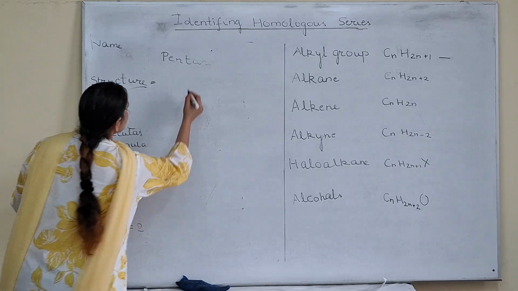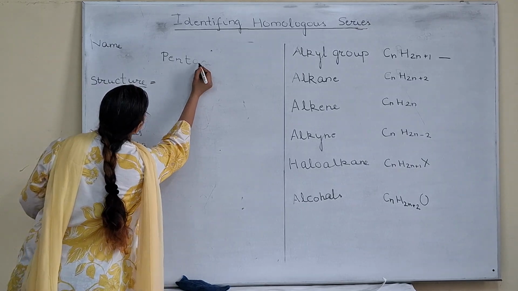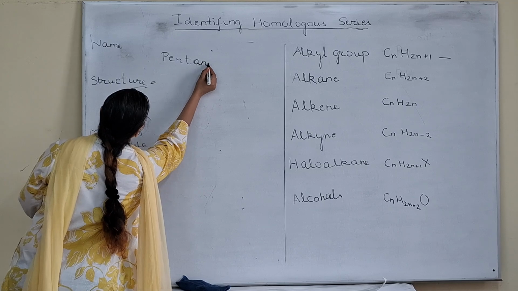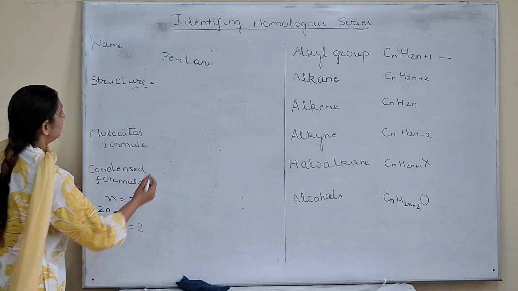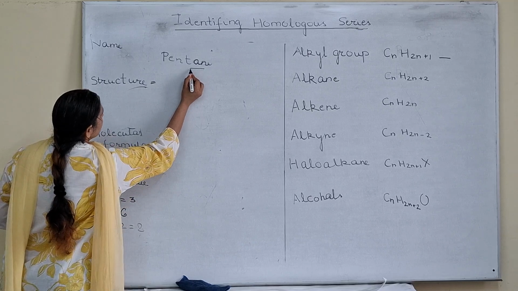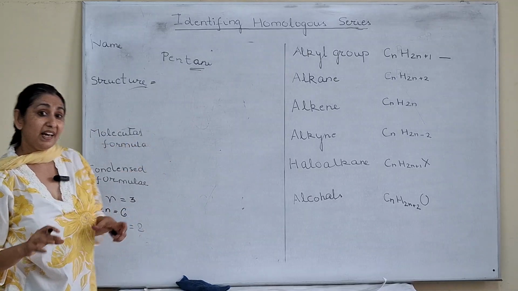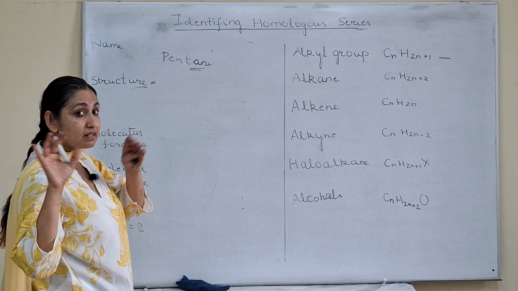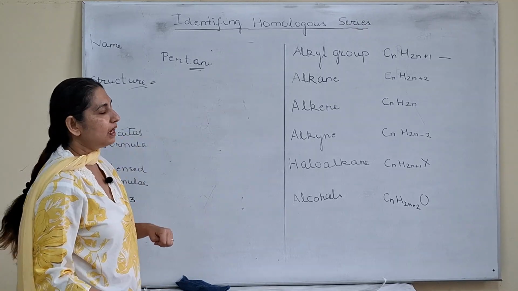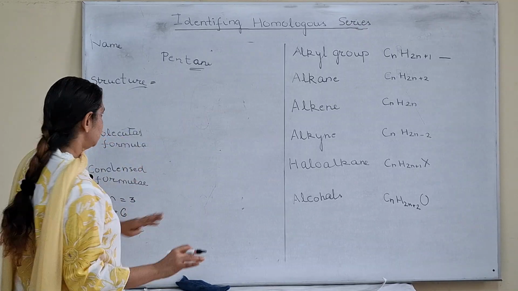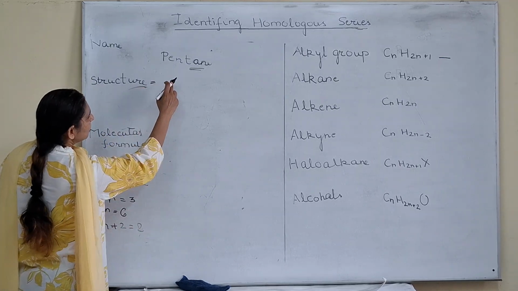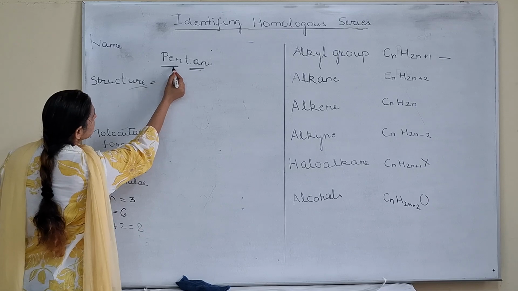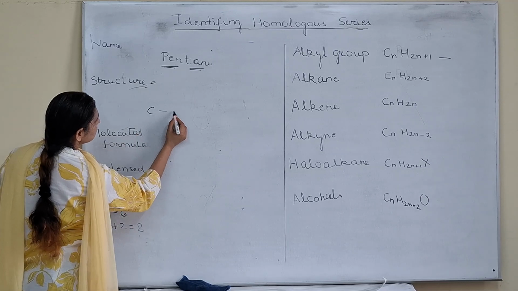So what is the suffix that is used here? The suffix used here is ane. The moment you find this ane in the suffix, it becomes an alkane. We'll see it ahead. So for the structure, pentane has 5 carbons.